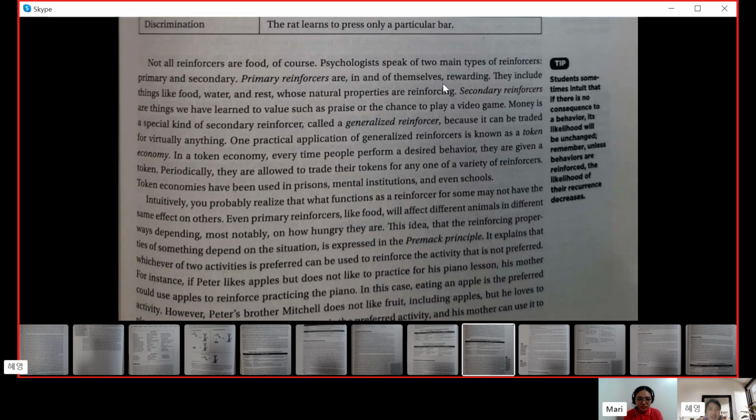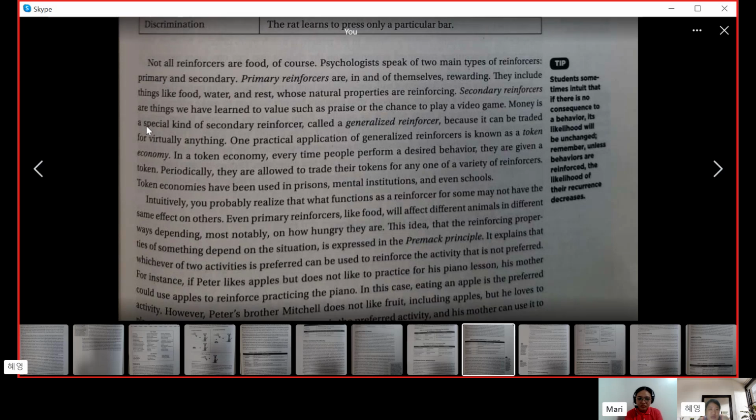They include things like food, water, and breath, whose natural properties are reinforcing. Secondary reinforcers are things we have learned to value, such as praise or the chance to play a video game.